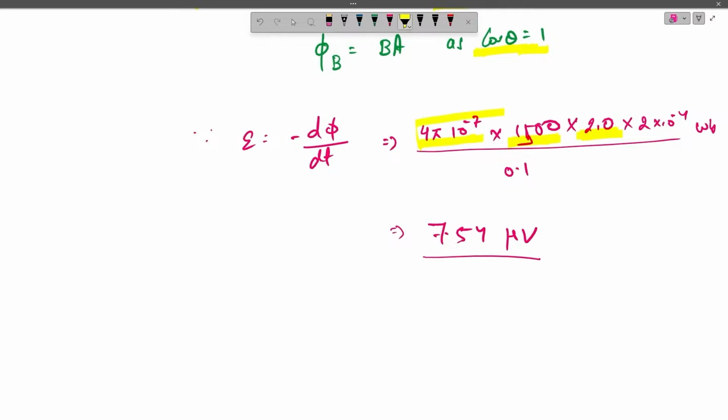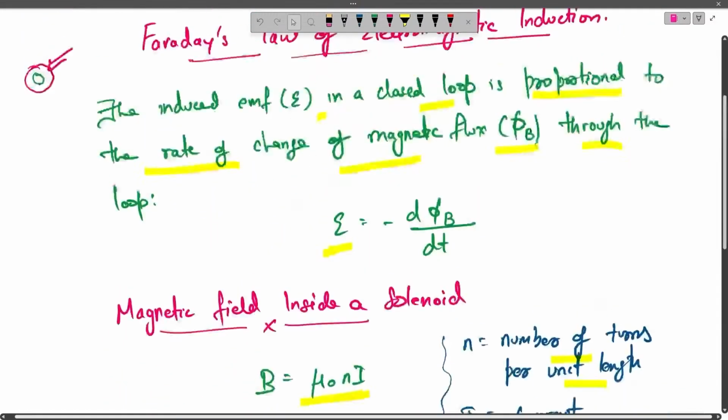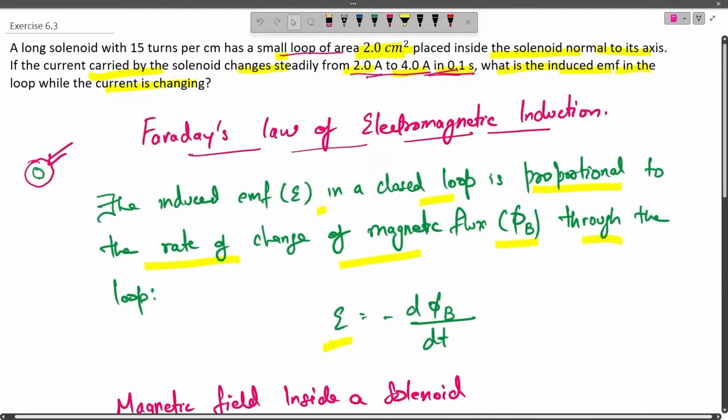So this results in the magnetic field of the solenoid, 4 pi times 10 to the power minus 7 multiplied by 1500 into 2.0. Here 1500 comes from the data given in the question, 15 turns per centimeter.